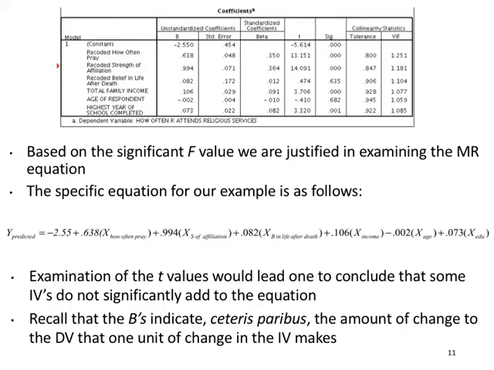And even in our case, if we go back here and look at our betas, the two strongest relationships would be between how often they pray and recoded strength of affiliation, right? The beta is 0.364 and the other beta is 0.350, right?